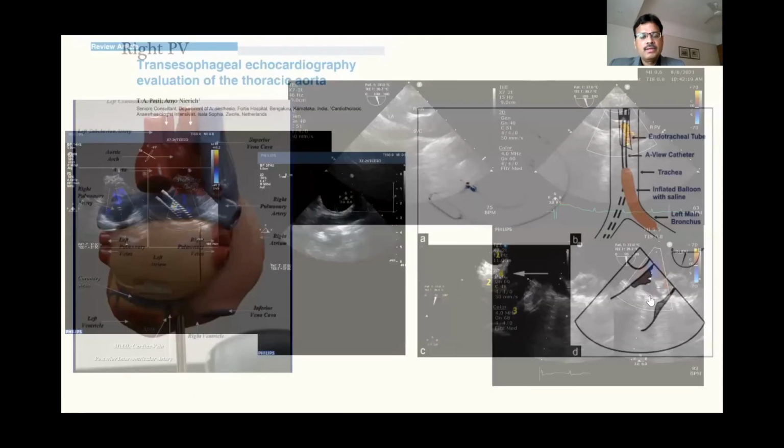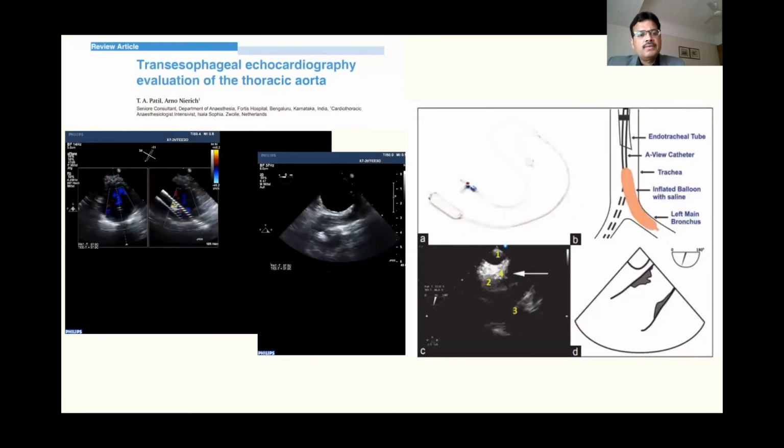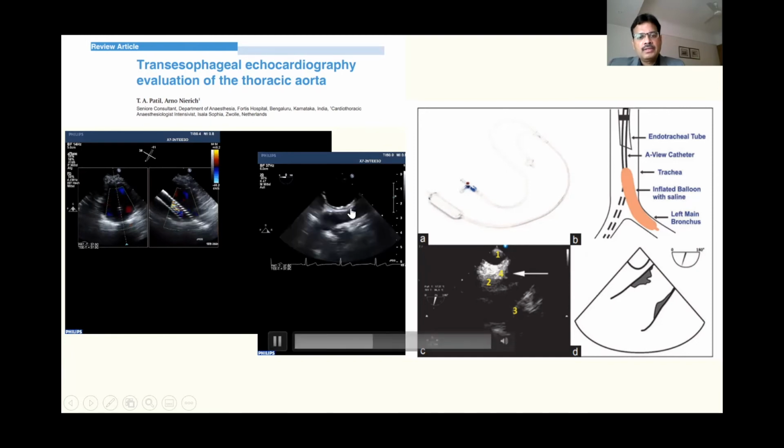Dr. Patil and colleagues have highlighted how to image the thoracic aorta. One of the things they suggested for imaging the blind spot of the aorta, which is probably segment 345 for the ascending aorta, would be by doing what is known as an A view, where a fluid-filled catheter is positioned in the distal trachea and the left bronchus, and on inflating you would be able to see something like the aortic cannula, or even in this case the brachiocephalic trunk, and you can see it disappears once the balloon is deflated, and as the fluid is again pumped into the balloon, it becomes visible again.